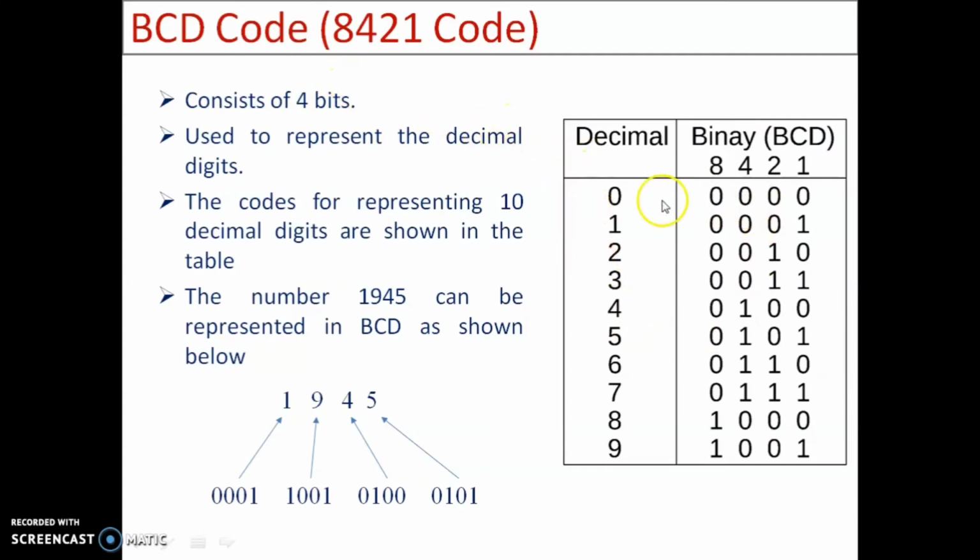In this chart you can see the binary equivalent of decimal numbers 0 to 9. This is one of the oldest methods. Here, the whole number is not converted by dividing it by 2. Instead, each digit is converted into its binary equivalent.